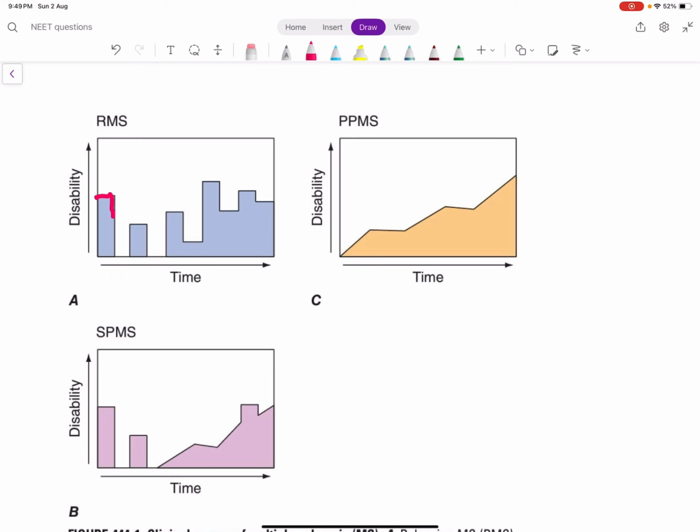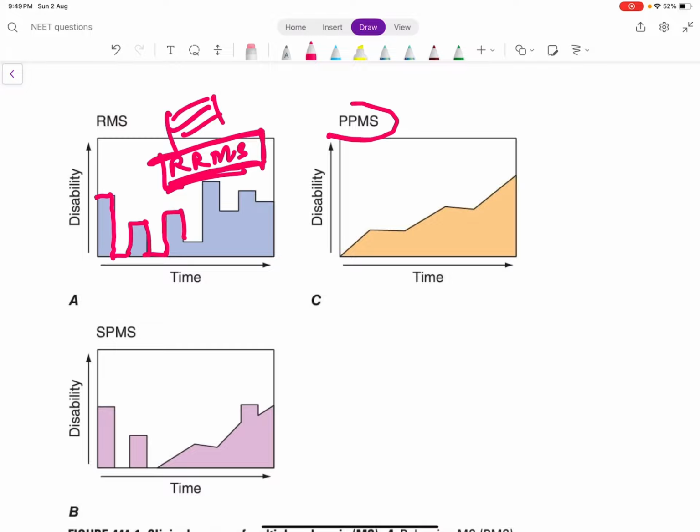There is a disease duration, it relapses, comes again, relapses, comes again. So this is called RRMS, relapsing remitting multiple sclerosis. Even if you don't remember the graph, remember the clinical scenario. The symptoms come and go again and again. This is usually a very good MCQ for exams.